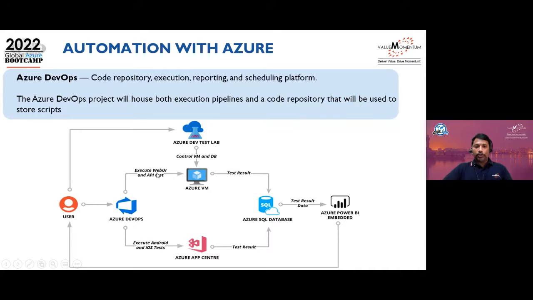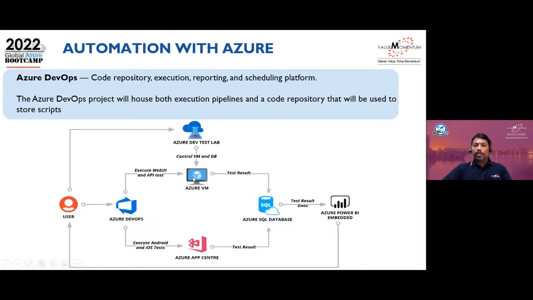Test cases means any functionality, which will be either UI, API or mobile. If the application is a web UI or an API, then the control goes to Azure virtual machines, which will be controlled by Azure DevTest Labs. There, based on the quantity or the number of items triggered, the number of Azure virtual machines will be auto allocated.